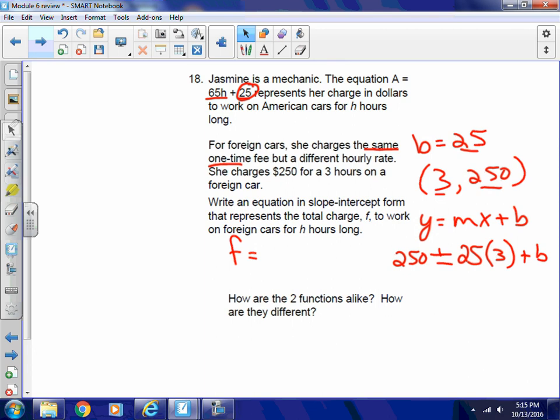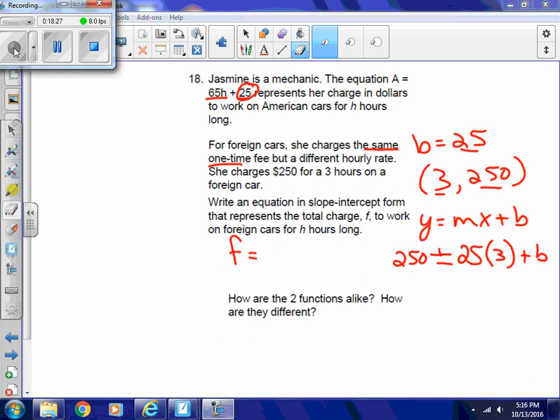Let me pause. It's the B that we know. It's not M. We're going to have to call M the letter M, but for B, I can plug in the number 25. It still doesn't want to work. Okay, we definitely need to pause.